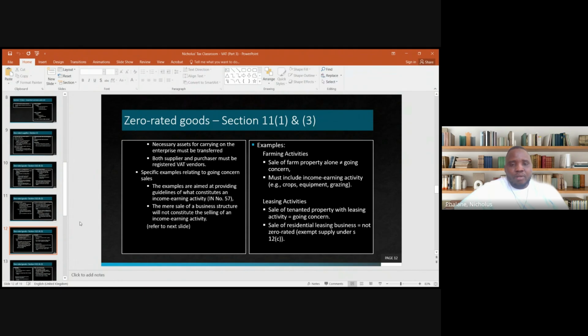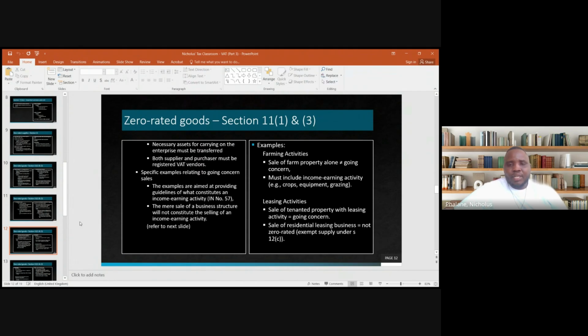So you just need to flag that interpretation note, but then you need to go and highlight the important words out there so that these buzzwords, when you open the legislation, just pop. You must just see them. The moment you open that note, you must see all these important things. Right. So we're basically saying the mere sale of a business structure will not constitute a selling of an income earning activity when you get to that interpretation note, right?